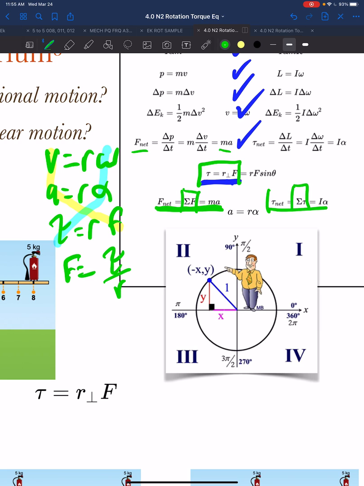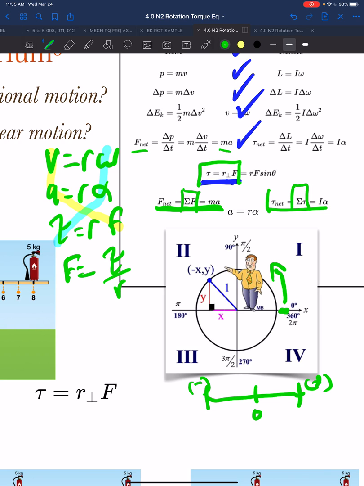Now, one other thing that we want to point out here is our friend, the unit circle. And the unit circle, of course, we have quadrants 1, 2, 3, and 4. But this is about determining directionality. So directionality in this case, if we have a translational world, one dimensional, we say this is the positive direction and that's the negative direction, with this being 0. Well, here we have 0.